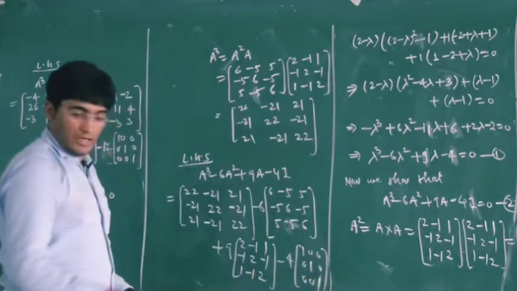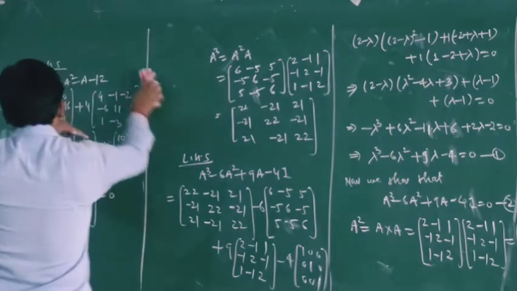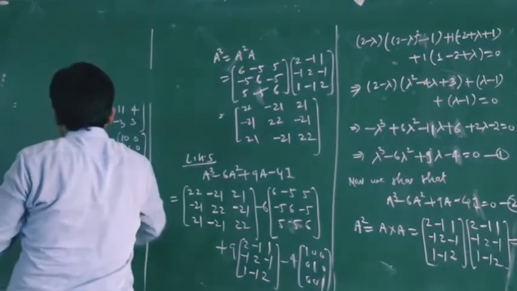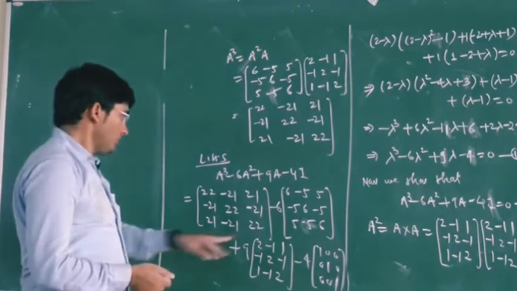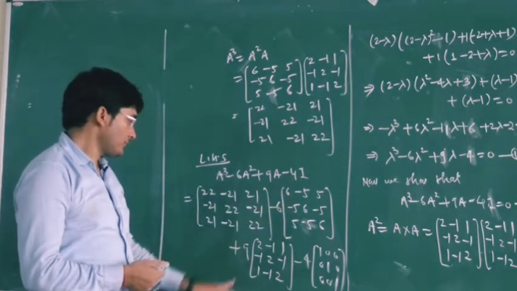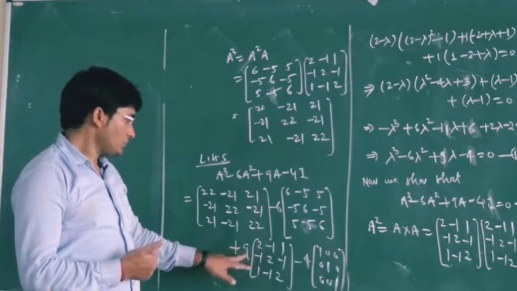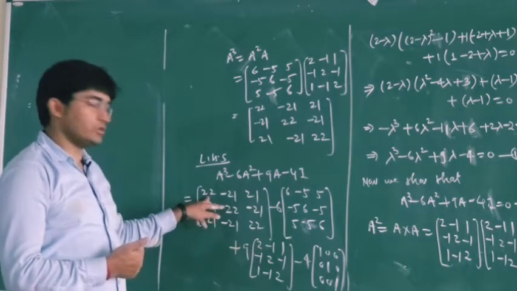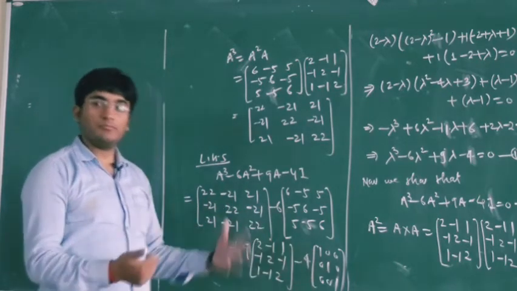Okay. Now this is equal to, so this is your minus 36 plus 18, and plus 22, so this is your 40, and minus 36 minus 4 is again minus 40.